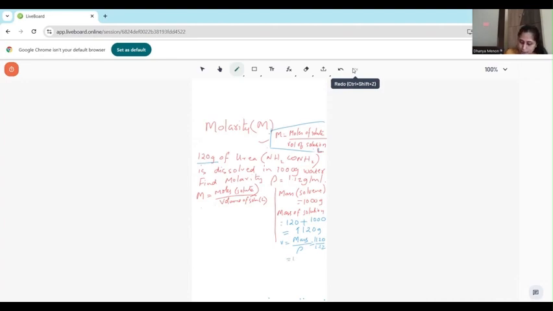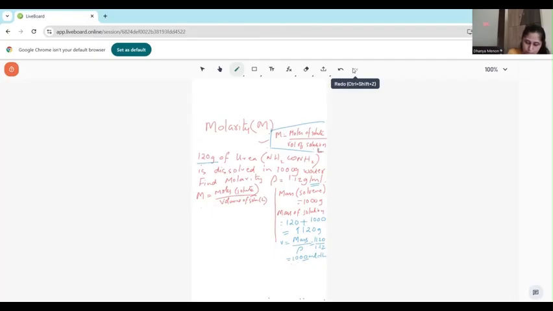And if I convert it into liters, it is equal to 1 liter. Okay, because this density is given by milliliters, so that's why I got milliliters, and then I divide by 1000 to get 1 liter.